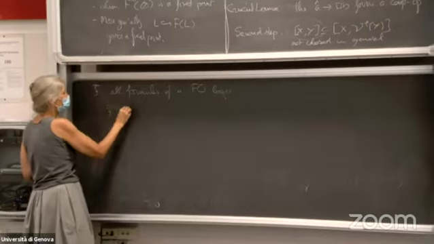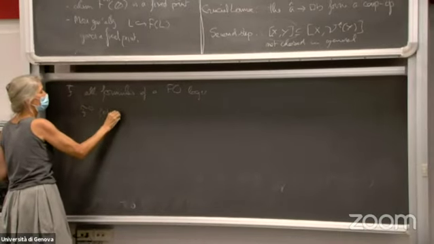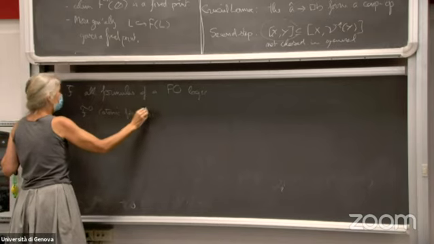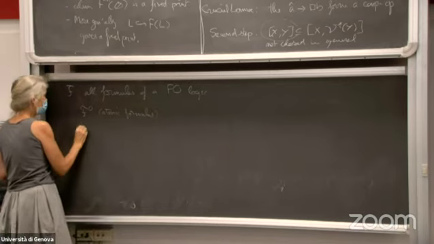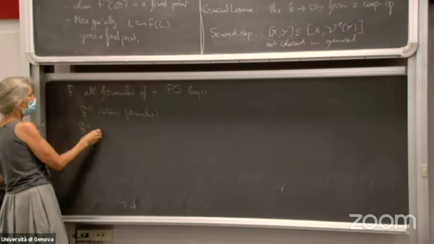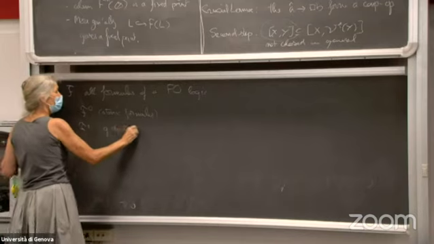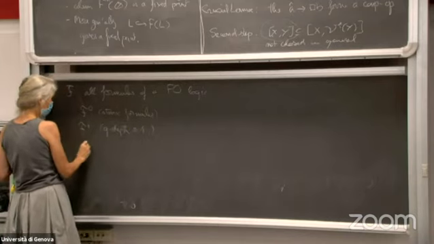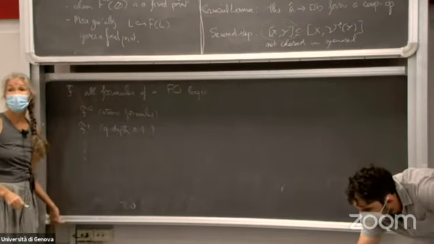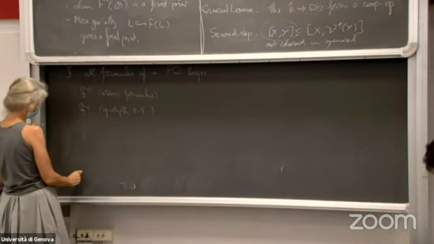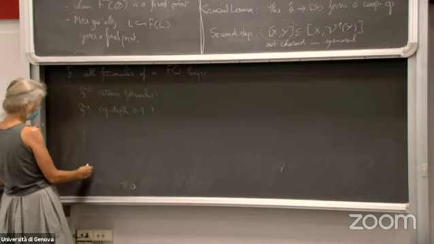You could say, okay, let's look at atomic formulas, and then F1, all the ones with quantifier depth less than or equal to 1, and so on. And then in the end, you get the full thing.